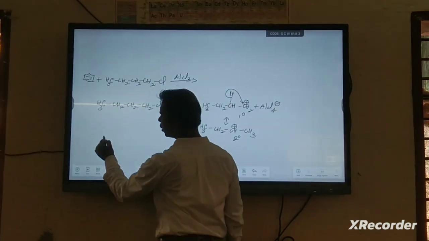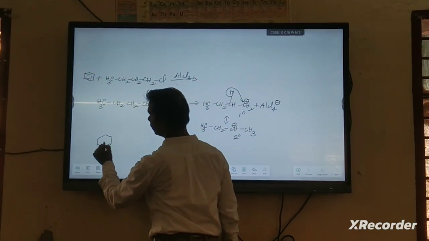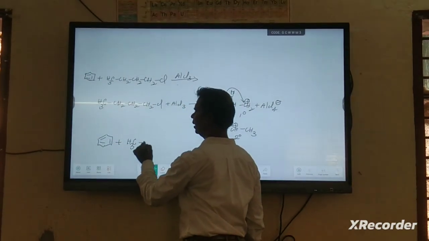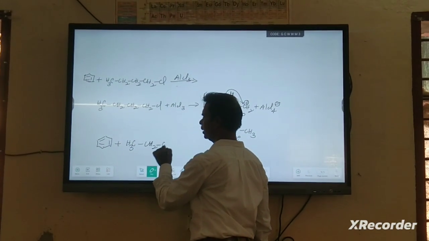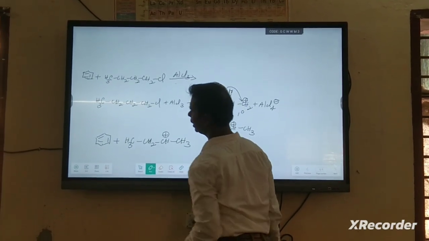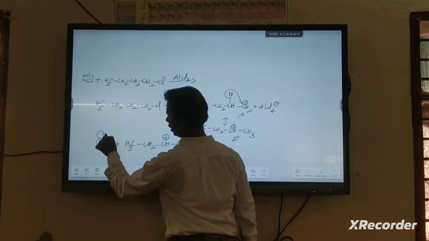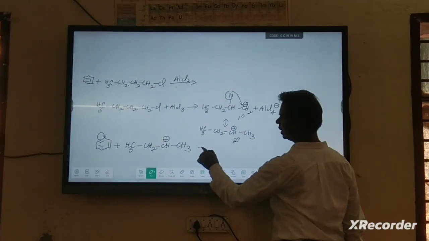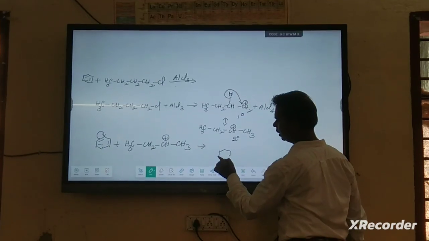So what is the major product here? CH3 CH2 CH plus CH3, the positive charge is here. Then the pi electrons move to that carbon and it forms the product.